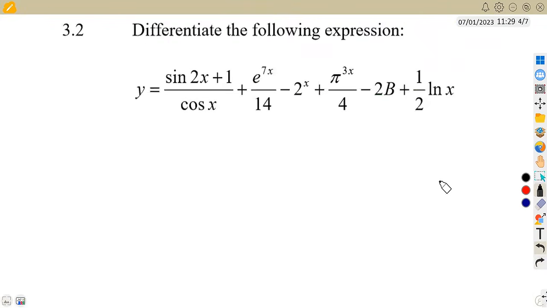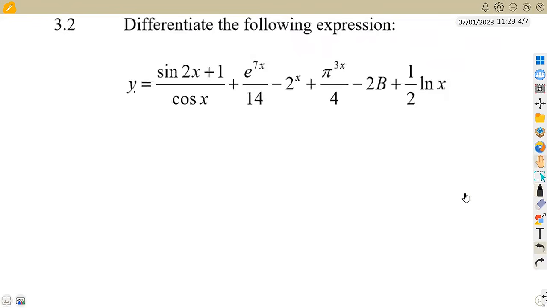Another question here we are given: differentiate the following expressions. That's definitely y with respect to x. All right, so let us see if we can differentiate directly, which is impossible here, because if we check, again, we've got a trig part that needs to be simplified. This is different from the previous question that we had. Let me just show you the previous question here.